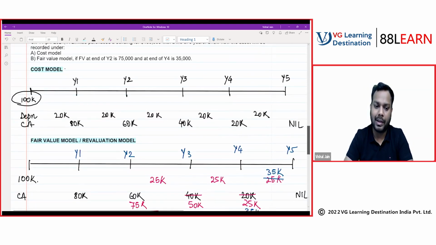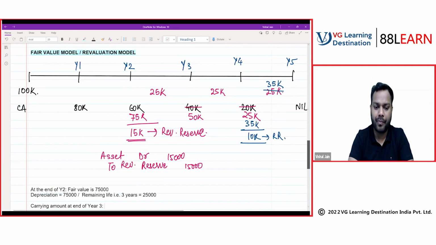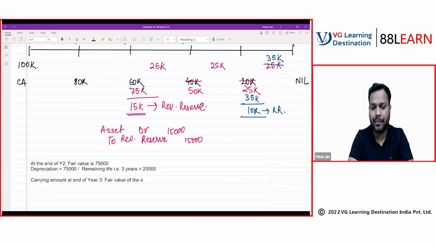So I write that fair value of the asset minus any subsequent accumulated depreciation, right?